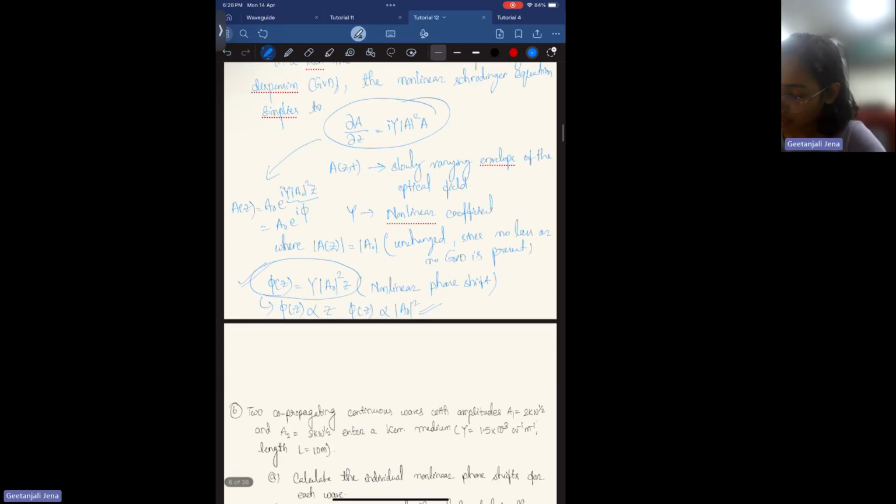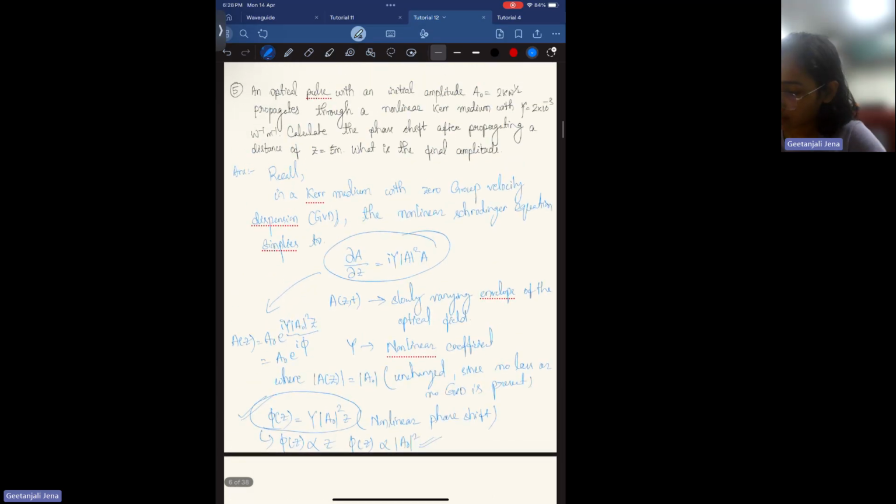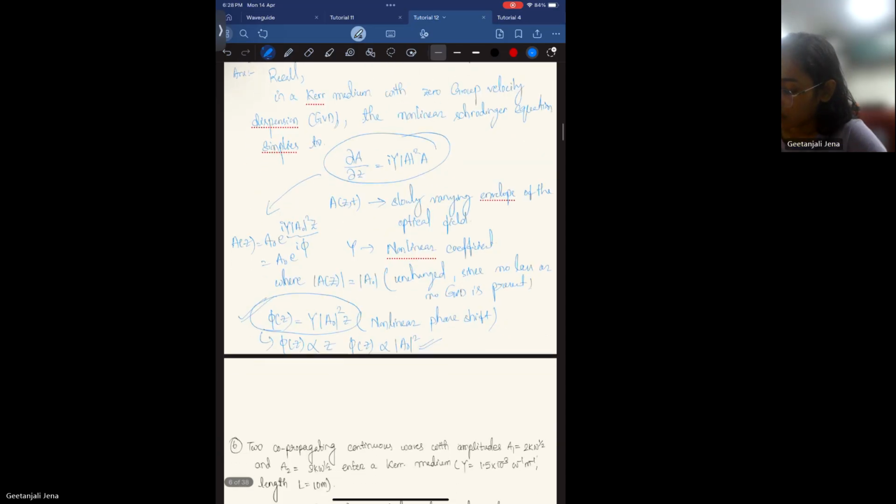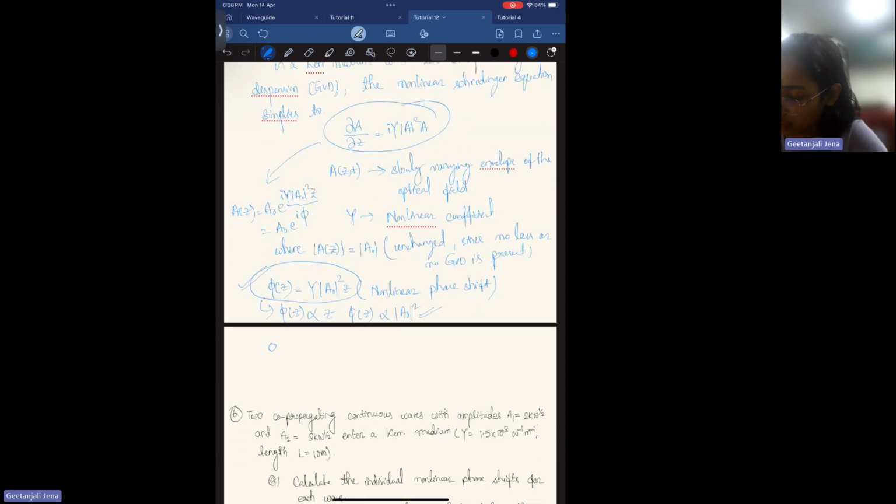So our main task is to find out the phase shift after propagating a distance of z equal to 5 meter. Gamma, A0 and z are already given.